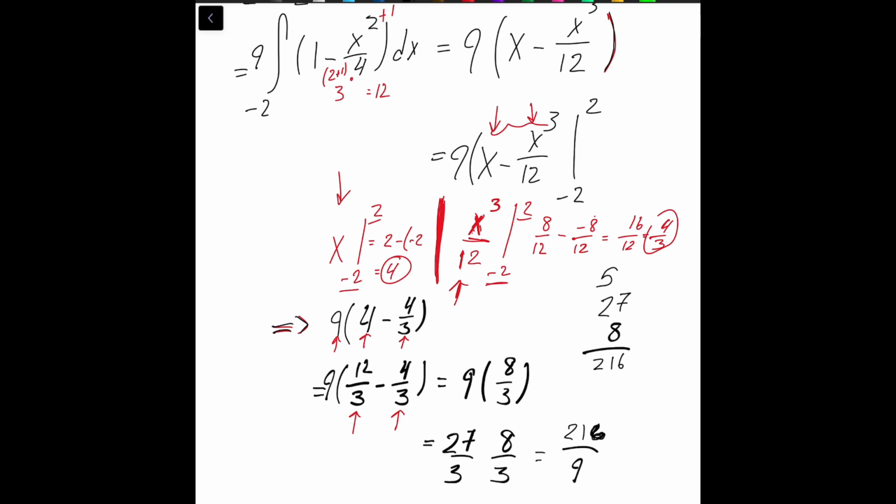I'm going to multiply it by 3 so that I can have a common denominator, giving me 27 over 3 times 8 over 3. Remember, when we're multiplying fractions, we just multiply straight across. So 27 times 8 is 216. 3 times 3 is 9, so we've got 216 over 9, which gives 24.